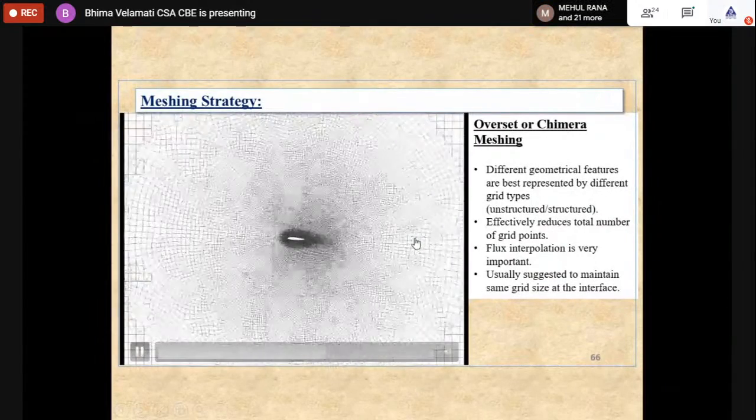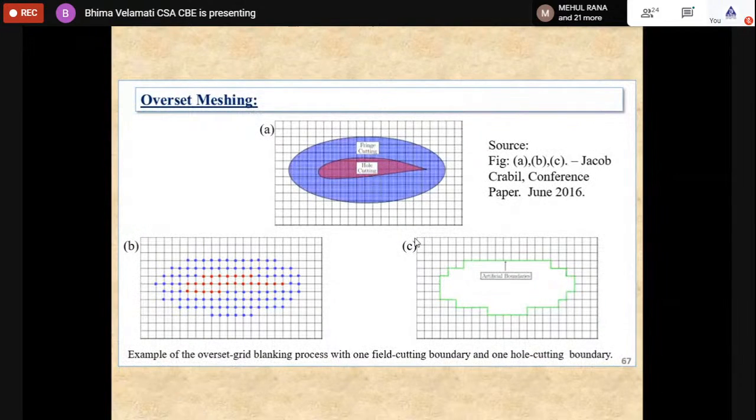If you follow that, it will absolutely work. You can see here there are two meshes. The blue one is one domain, and then the background mesh. Wherever these two meet, you make a boundary interface. It's a mesh interface which changes with respect to time.